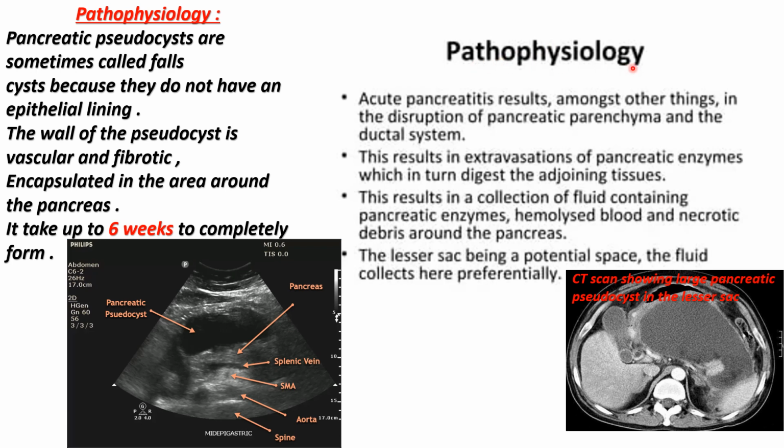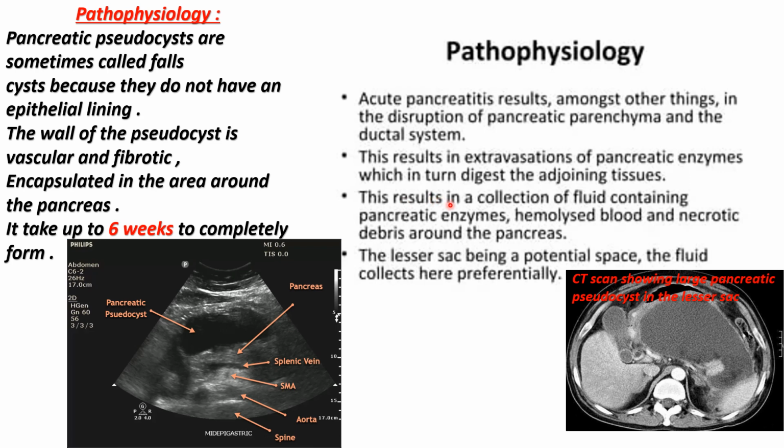Pathophysiology of pancreatic pseudocysts. Acute pancreatitis results, amongst other things, in the disruption of the pancreatic parenchyma and the ductal system. This results in extravasation of pancreatic enzymes, which in turn digest the adjoining tissues.